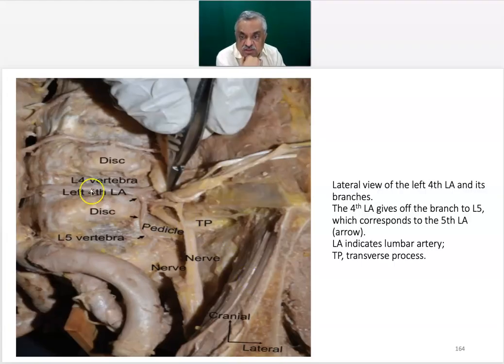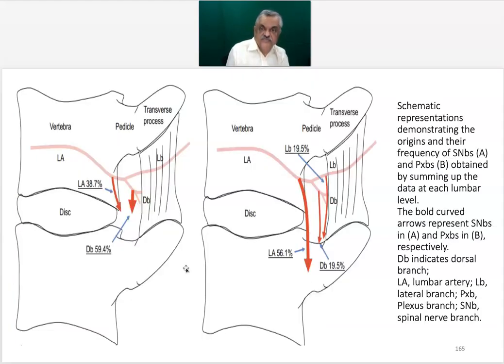Now this fourth artery gives a branch down here for the fifth. So we come back here. Now this demonstrates the origins and frequencies of SNBs and PXBs, that is the branches to the nerves and branches to the psoas.